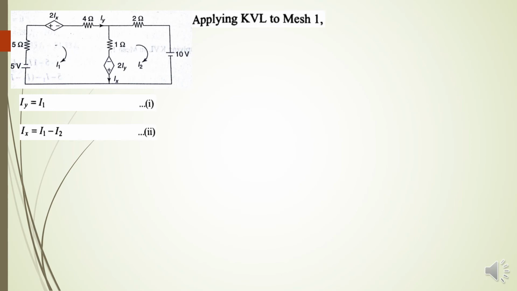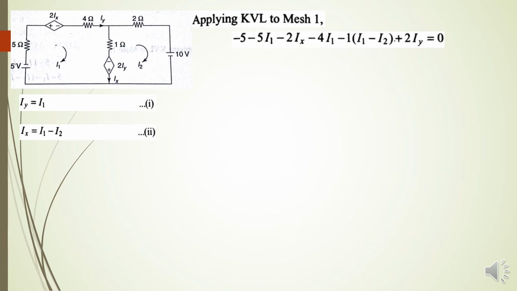So again apply KVL to mesh 1 with the same concept. So minus 5, which indicates the battery voltage of 5 volt. Then next the 5 ohm resistor with a current of I1. So 5 I1 minus 2 Ix, then minus 4 I1 minus 1 times (I1 minus I2) plus 2 Iy is equal to 0.